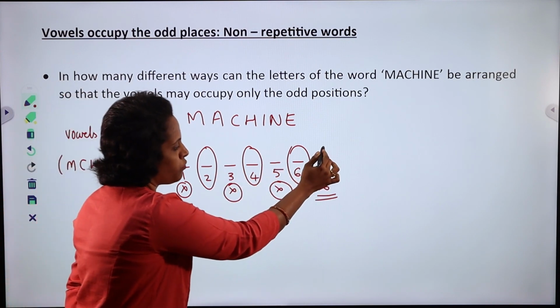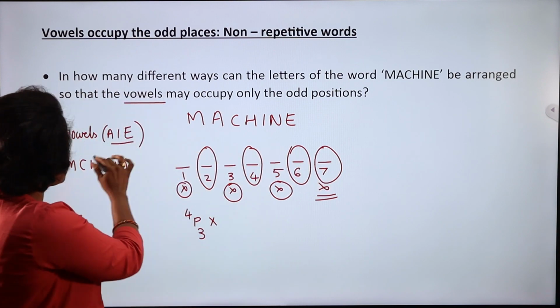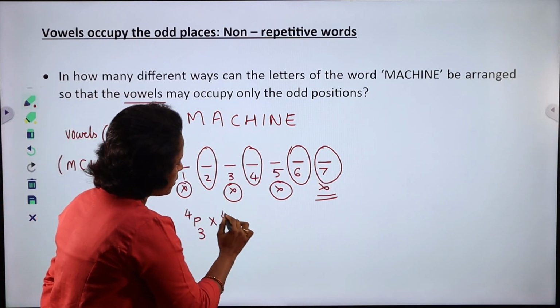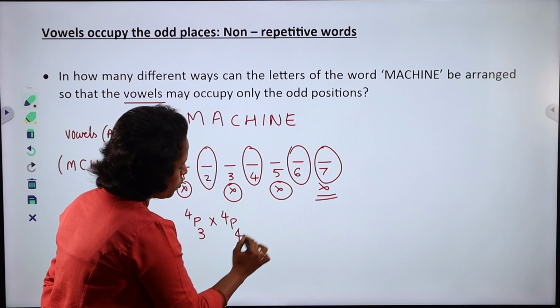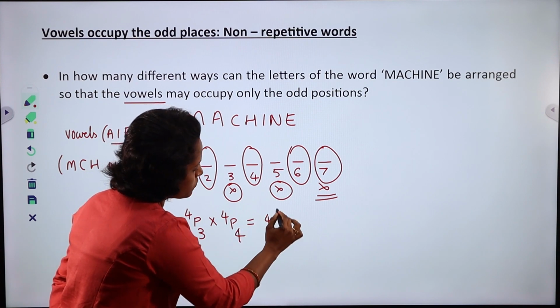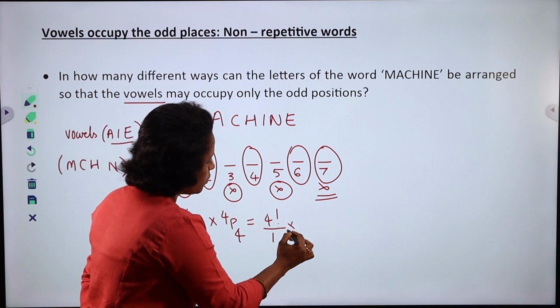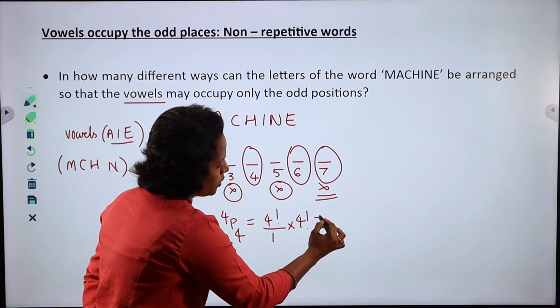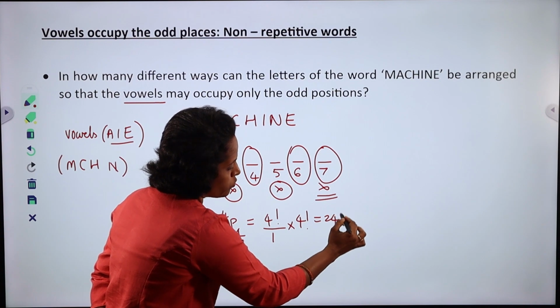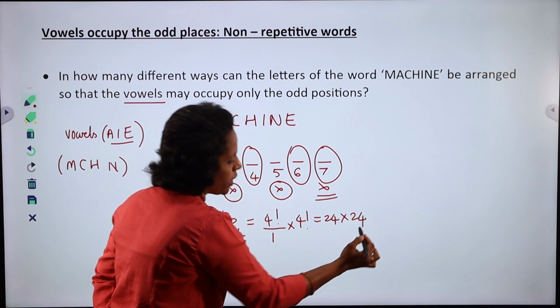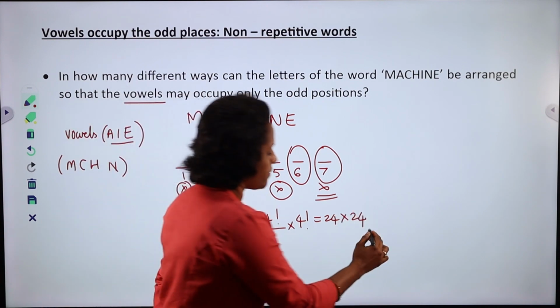So we have 4 places, 4 consonants. That will be 4P4. 4P3 is 4 factorial by 4 minus 3 is 1 factorial, which is 4 factorial. 4P4 is 4 factorial. 4 factorial is 24. 24 squared is 576.